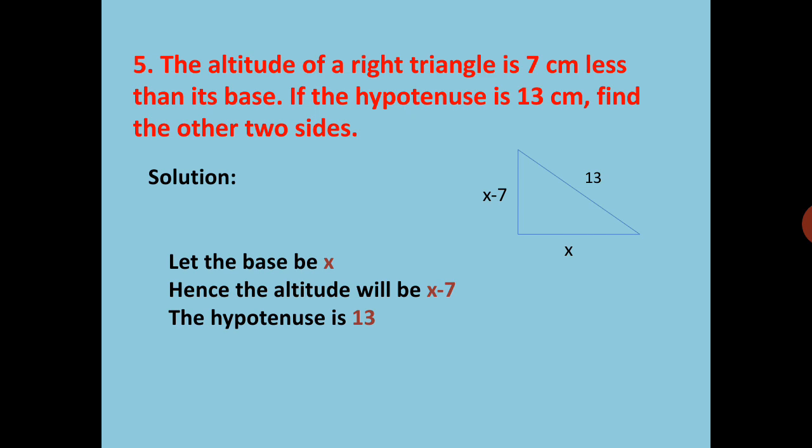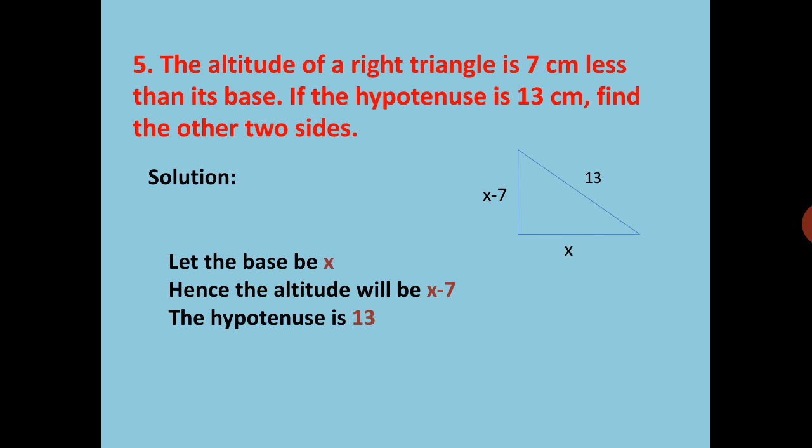Now, when we are talking about the length of the three sides of a right triangle, we can identify that we are able to use Pythagoras theorem here. Let's use the Pythagoras property. It is a square plus b square equal to c square.